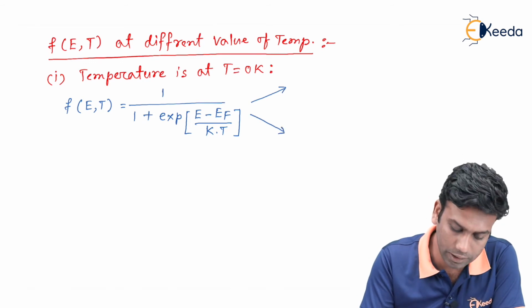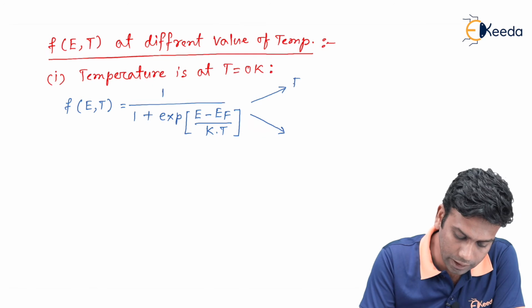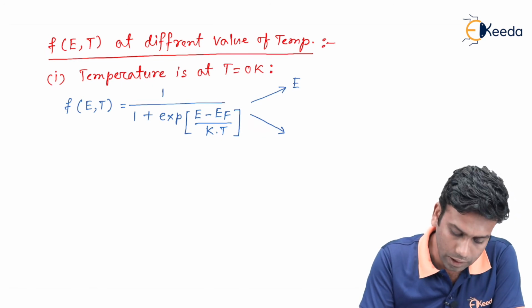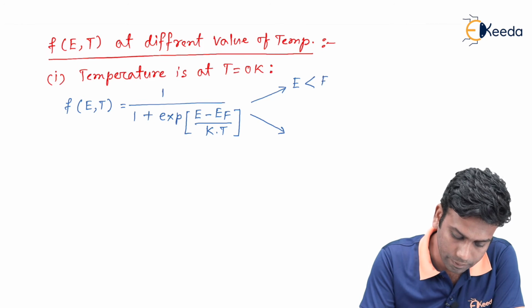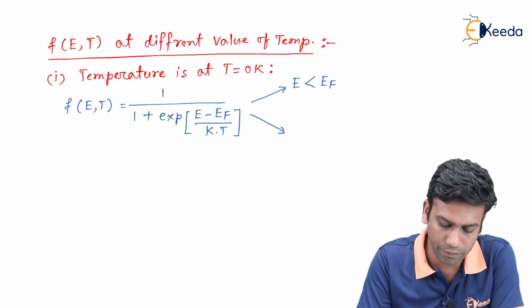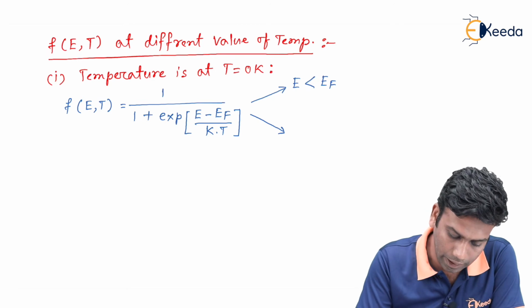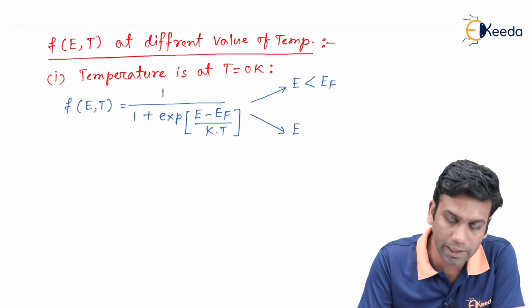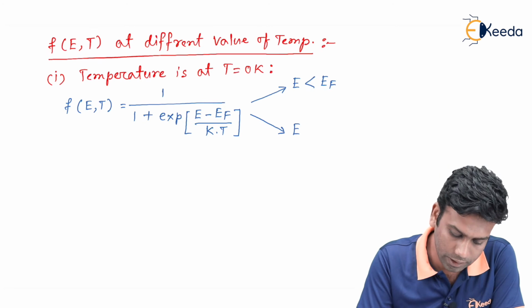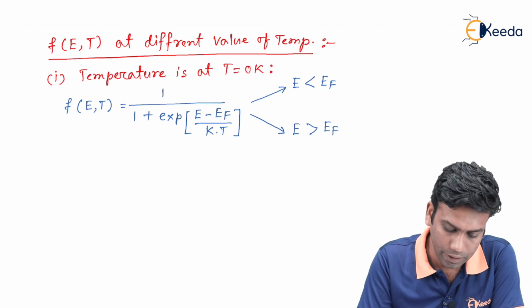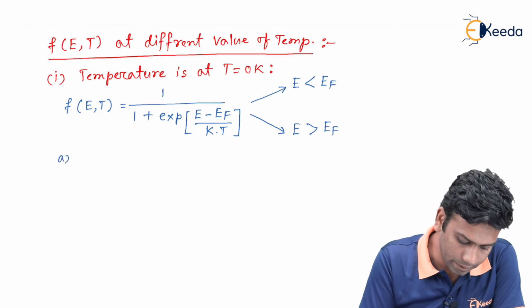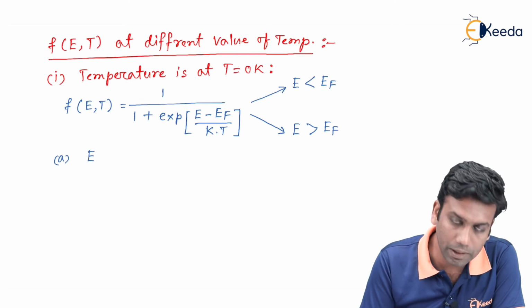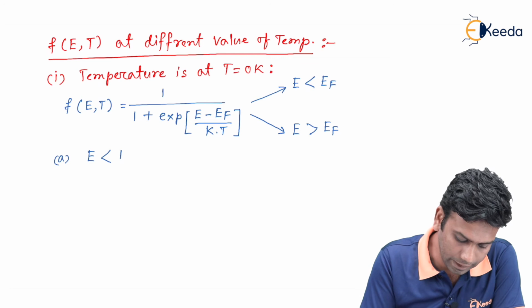The first condition is that the energy level capital E is less than EF, which is the Fermi energy level, and the second is that the energy level capital E is greater than the Fermi energy level EF. So, let us take the first condition, that the energy level capital E is less than EF.